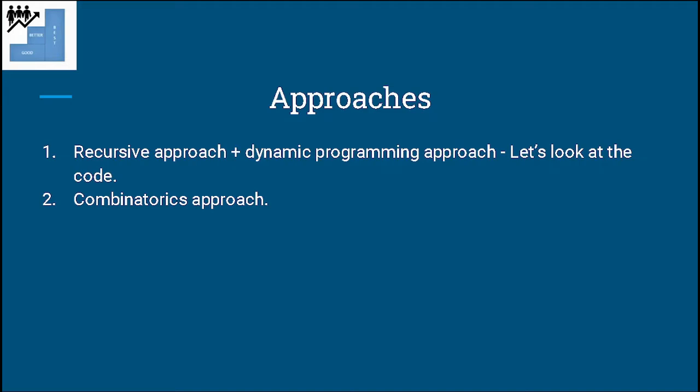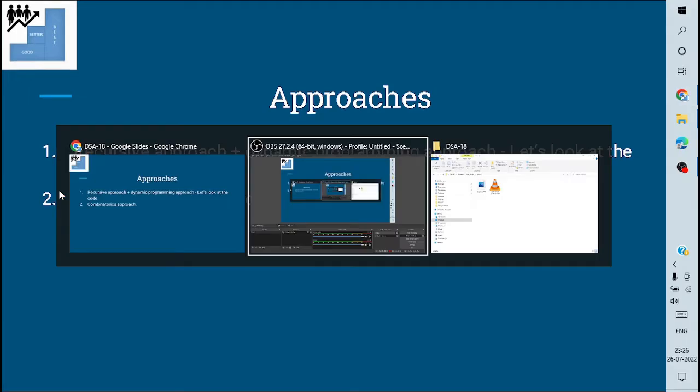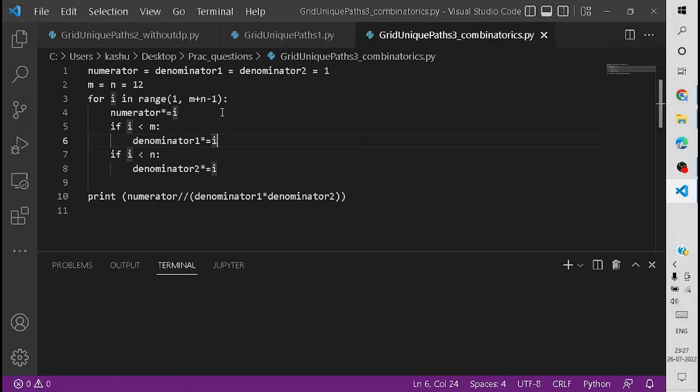So over here we have m minus 1 plus n minus 1 total number of things, which is m plus n minus 2, and then m minus 1 things are same and n minus 1 are same, which is down and right. So with these factorials we divide and we get the total number of arrangements, and that would be the answer. So let's understand the implementation.